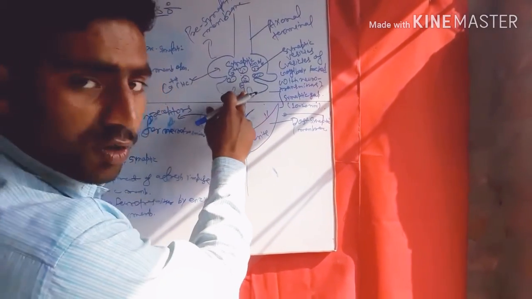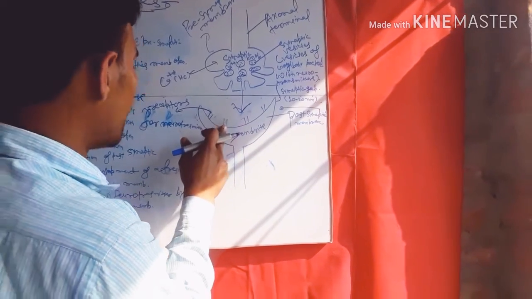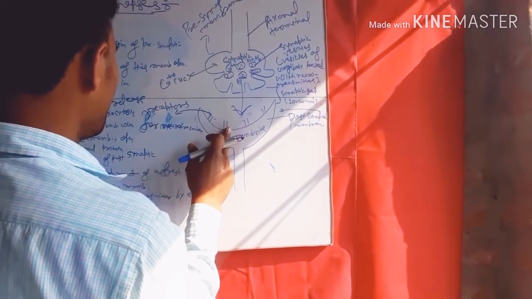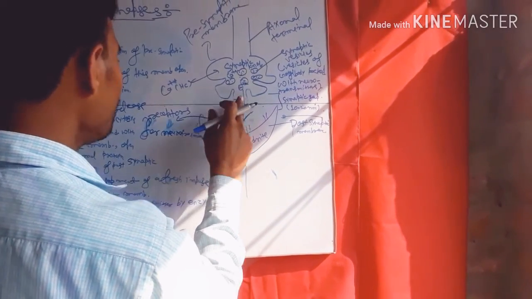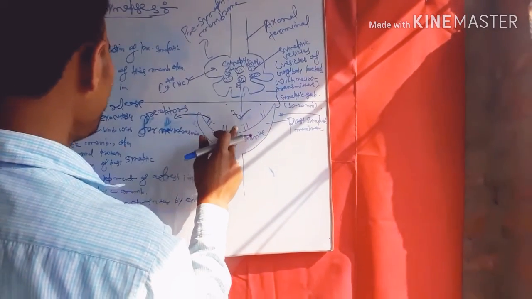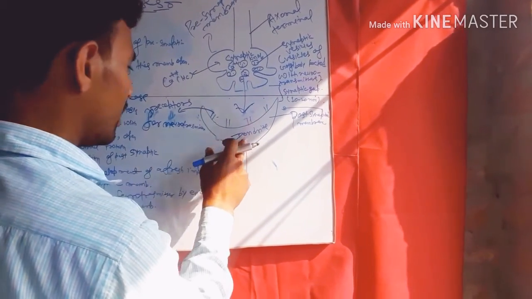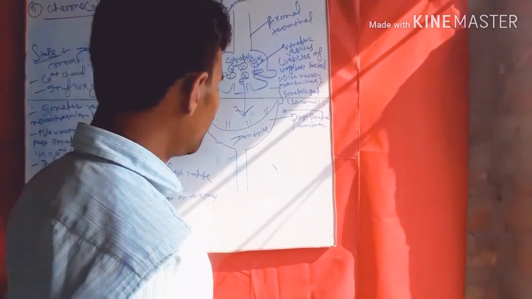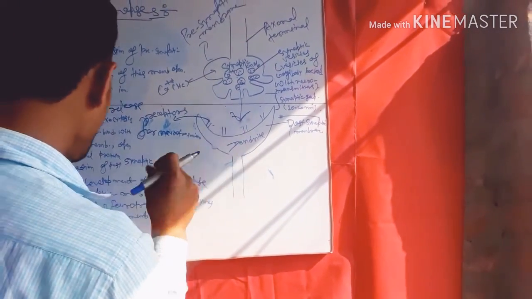Neurotransmitter secreted from the synaptic vesicles comes and binds with the postsynaptic membrane, and opens its sodium ion channel protein. After that, sodium ion channel protein of the postsynaptic membrane opens.